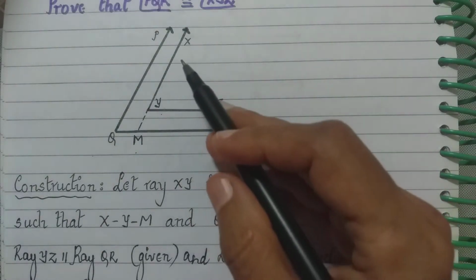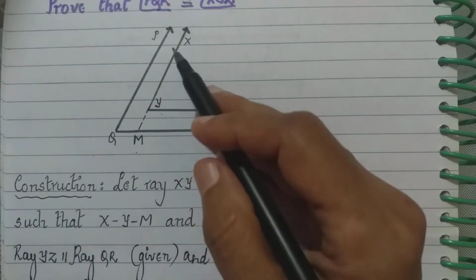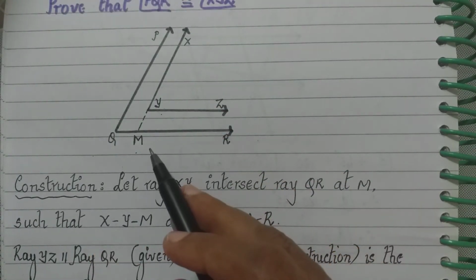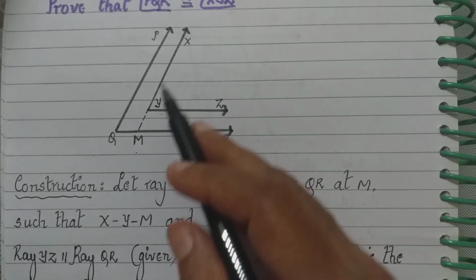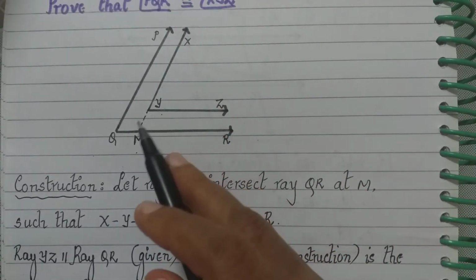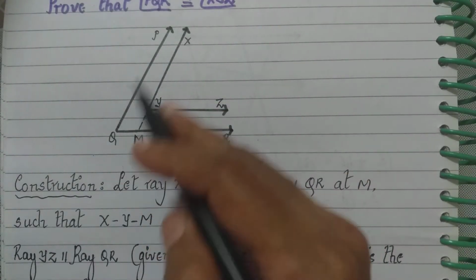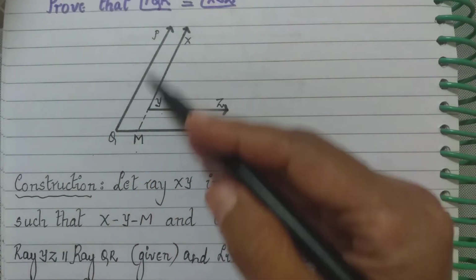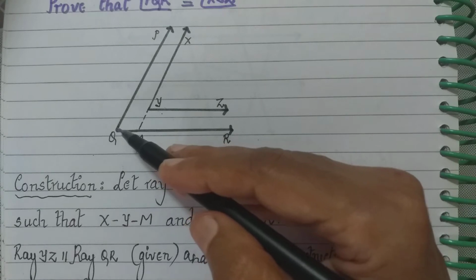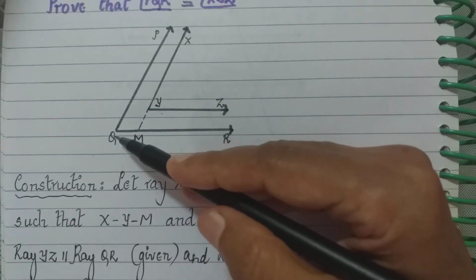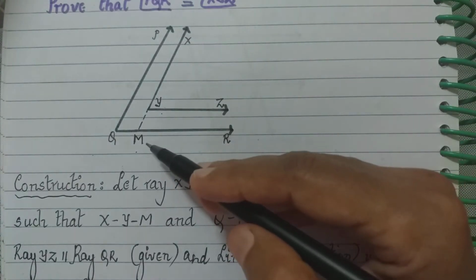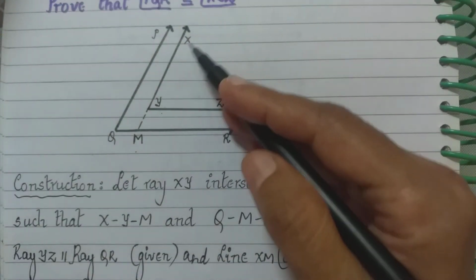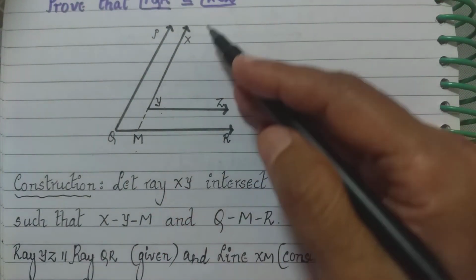You see here, we are having this ray which was extended to this side QR to meet it at M. So, since we had said that these two pairs of lines are parallel, we can consider that this ray QP and ray MX are parallel to each other. So, ray QP parallel to ray MX.